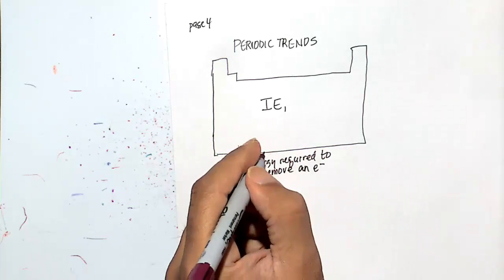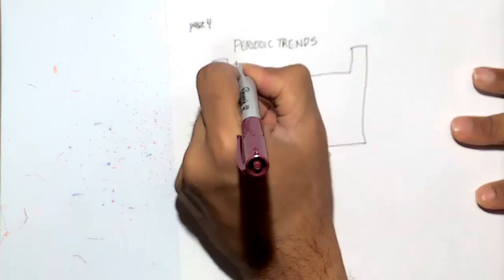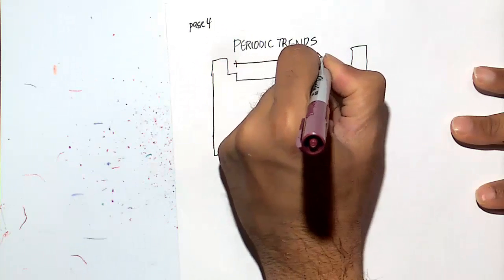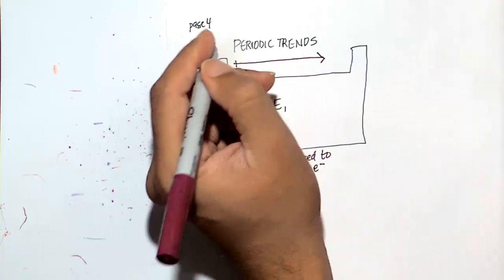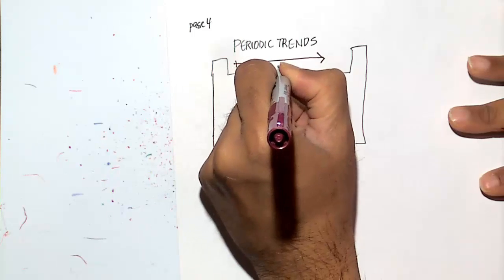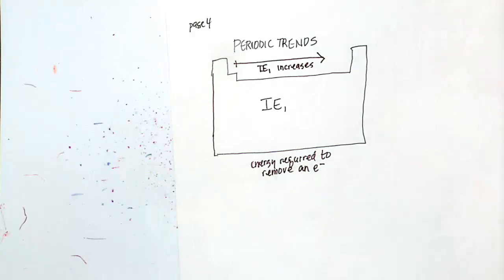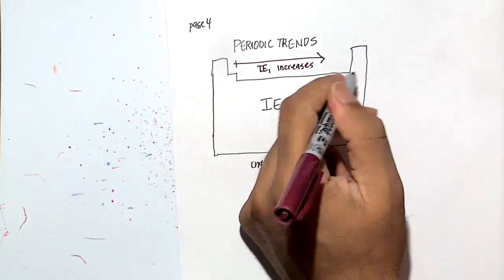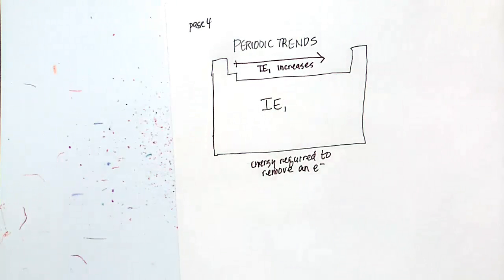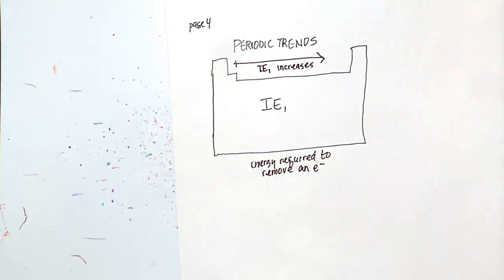The general trend, and there are always going to be exceptions, is this. If you go from left to right in the periodic table, across a period, the ionization energy increases. It takes a lot more energy to get an electron out of these, especially here, the noble gases, which have a complete shell.